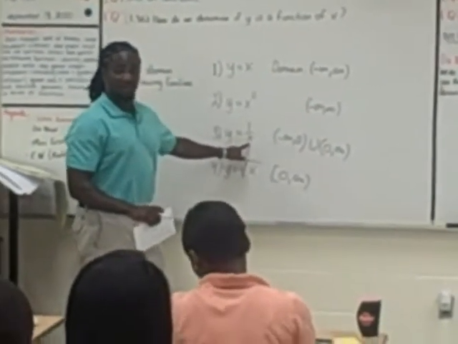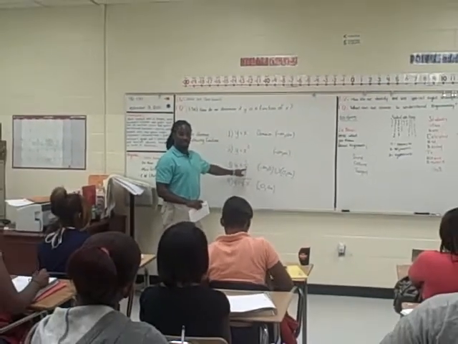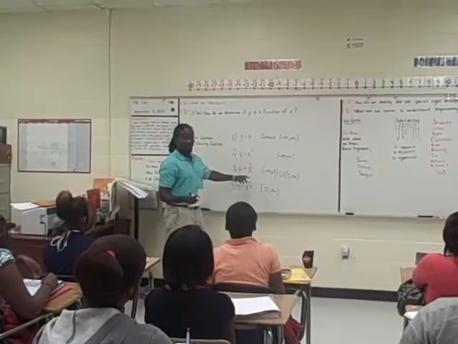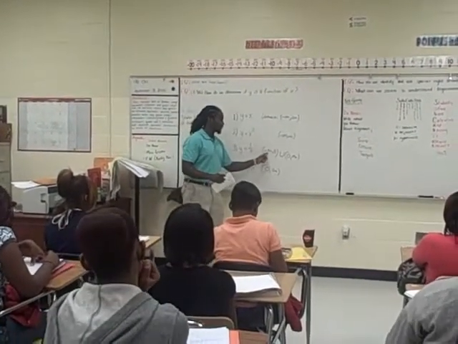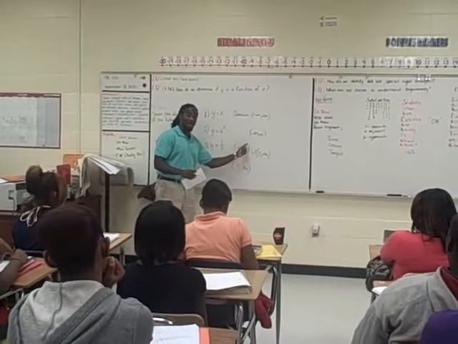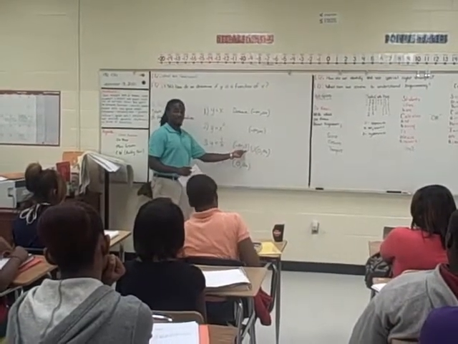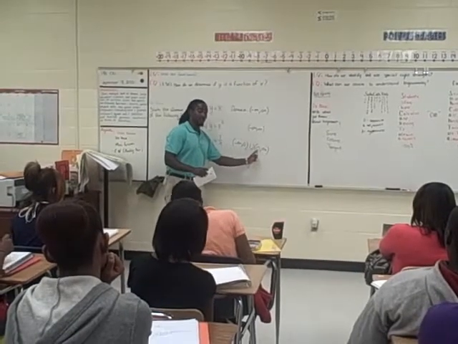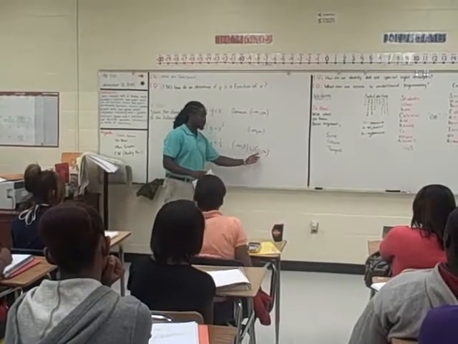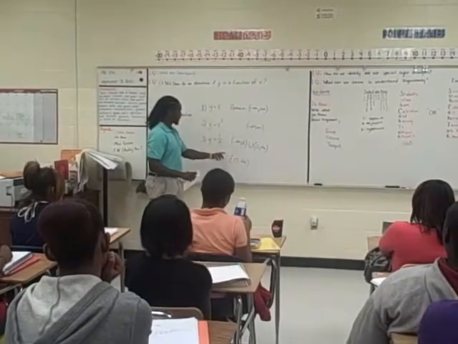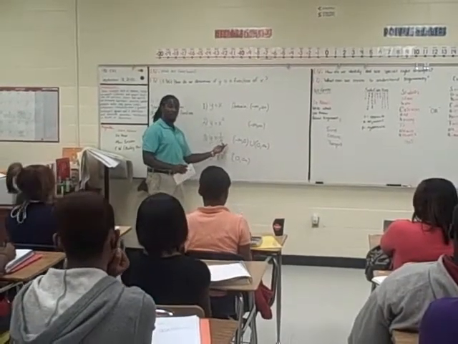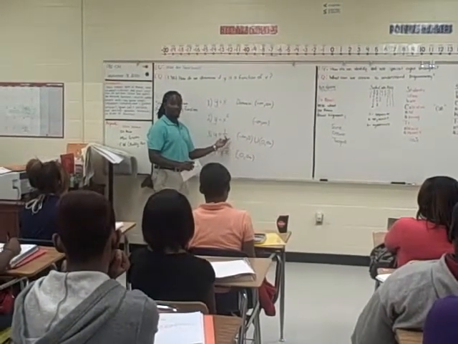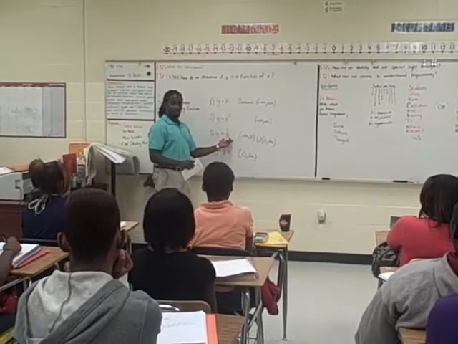If I plug in 0 in the denominator, is this a true statement? No, it's undefined. So it goes from negative infinity to 0 without a bracket, because x cannot equal 0. Then the union, I'm going to have 0 again with a parentheses because it can't equal 0, but I'm going to positive infinity because all real positive numbers I can plug in and get a true statement. You got that?